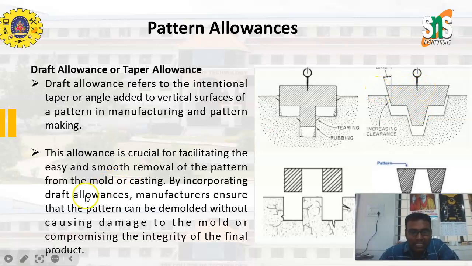By incorporating the draft allowance, manufacturers ensure that the pattern can be demolded without causing damage to the mold or compromising the integrity of the final product. In simple terms, draft allowance or taper allowance is made in the casting process in order to safely remove the pattern without damaging the mold sand.